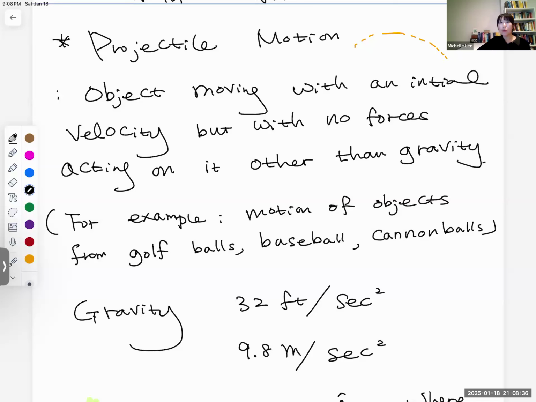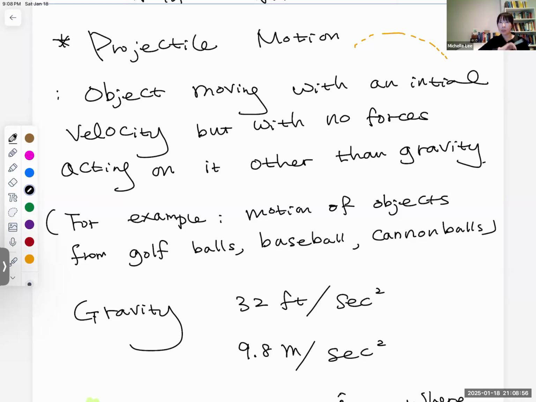Okay, so this time we do projectile motion. We did this kind of problem in algebra, trigonometry, pre-calculus and calculus 1, right? So this is calculus 3, so let's learn it the calculus 3 way.